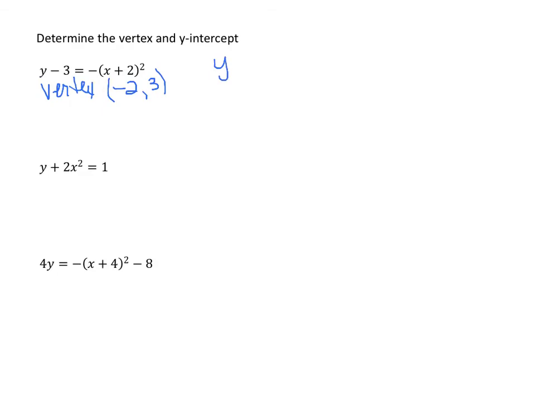So y minus 3 is equal to -0 plus 2 squared. So the y-intercept is -1.